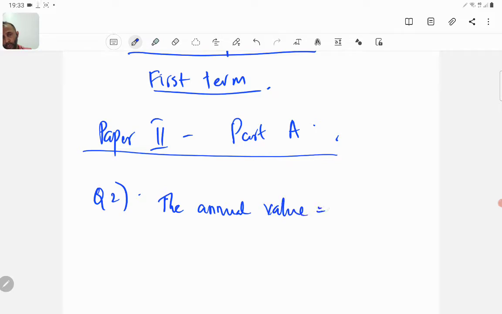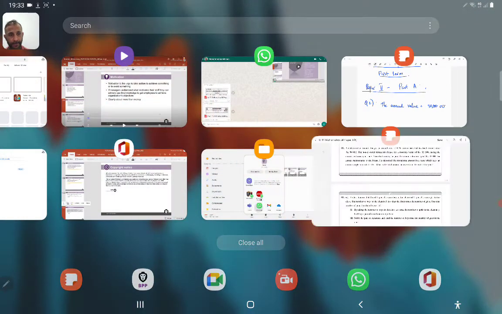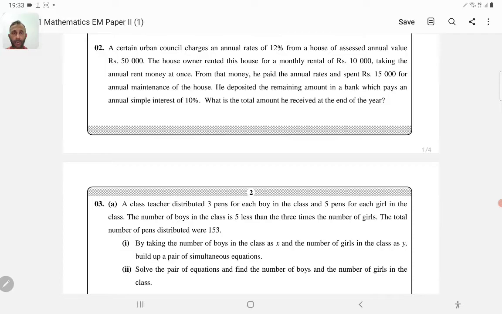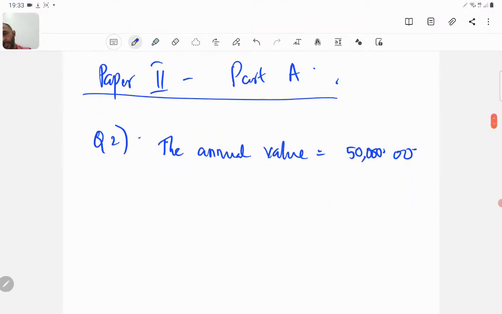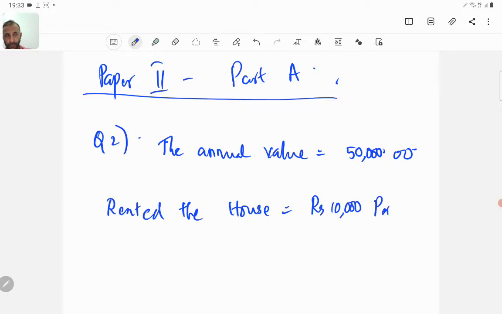The house owner rented this house for a monthly rental of 10,000 rupees per month.